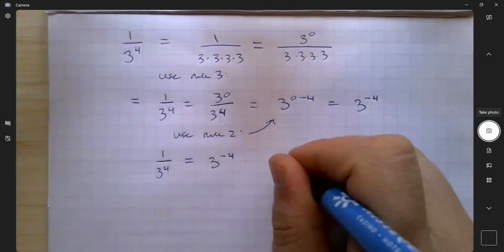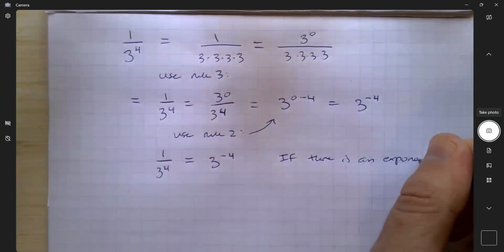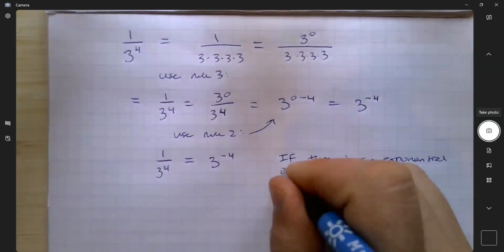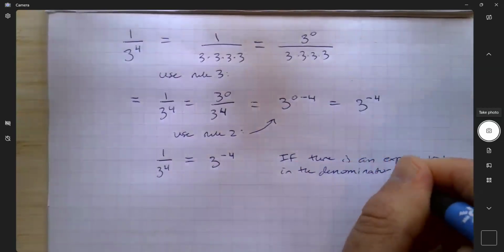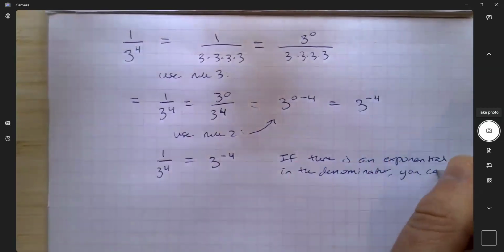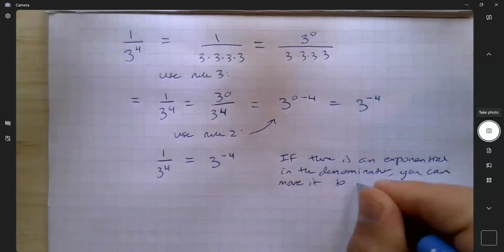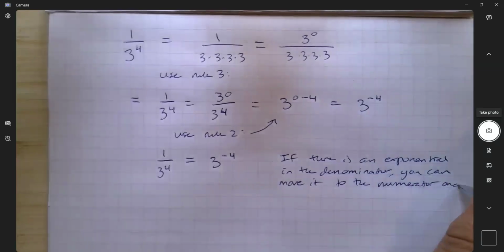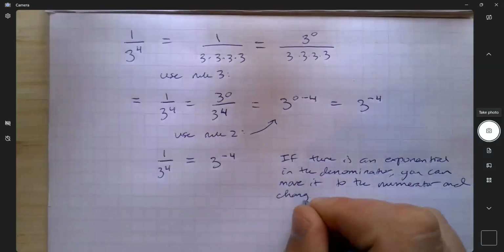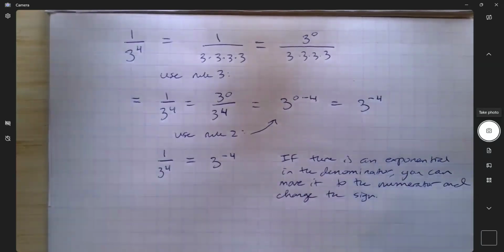So if there is an exponential in the denominator, you can move it to the numerator and change the sign of the power.